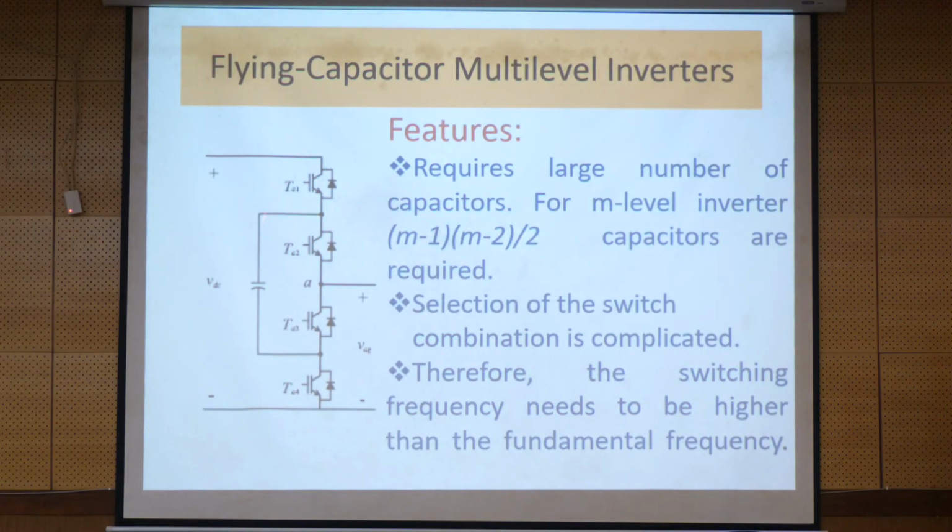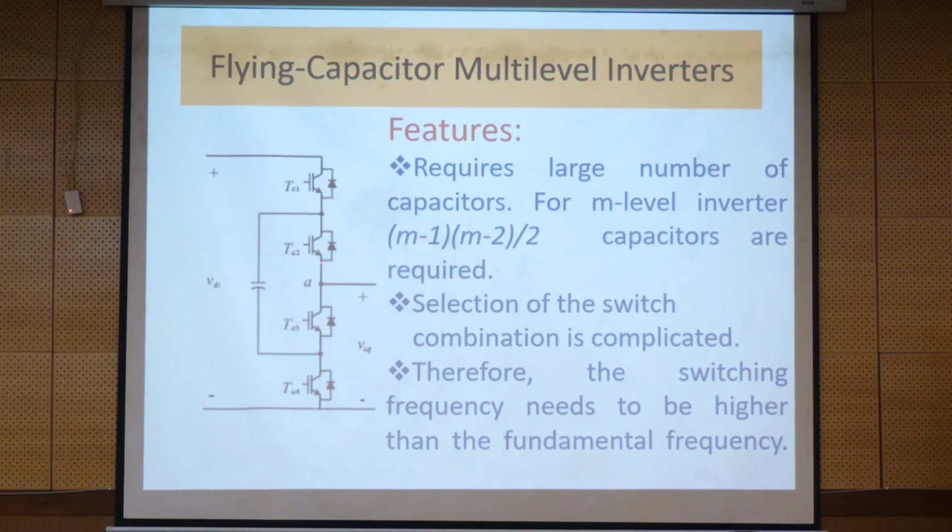This is the generic 3-level flying capacitor multi-level inverter topology, which I projected here. It requires a large number of capacitors, and capacitive components are more expensive than the clamping diodes.